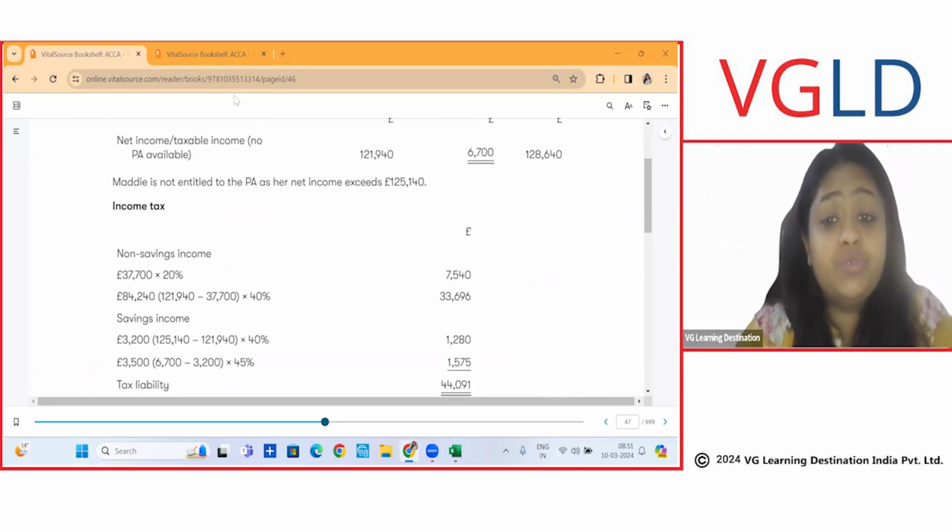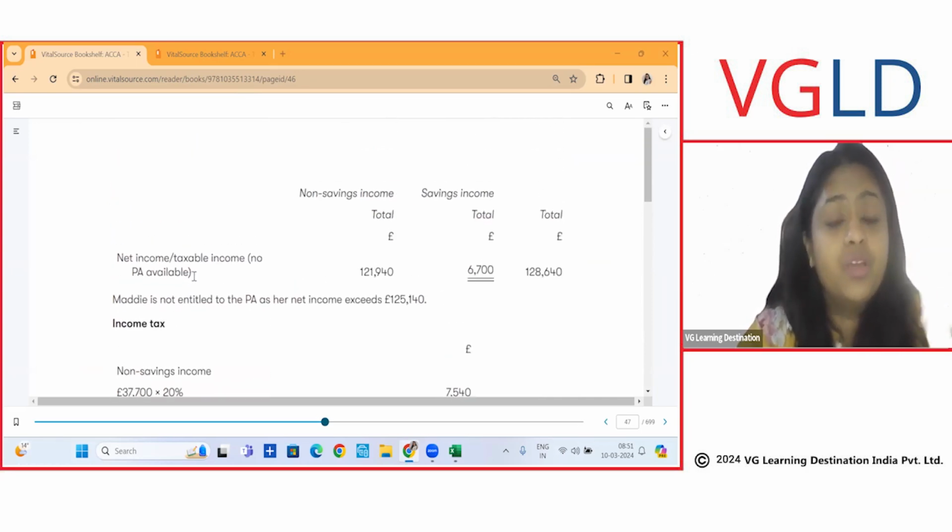It is not 43,076. It is not 44,251. Just see where you went wrong. So for the total of the income, there is no PA available. So the total would be 128,640. Till 37,700, 20%.